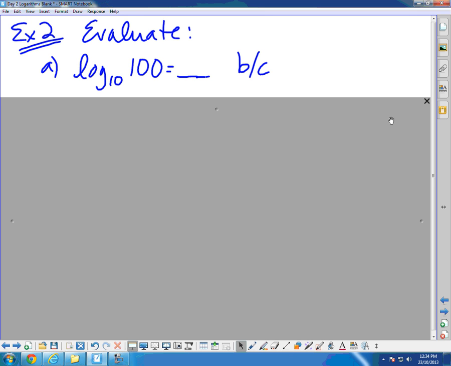So I want you to ask yourself, what exponent do I put on 10 to get 100? And hopefully we all know that the exponent you put on 10 to get 100 is 2. And over here, this is just my own thought process. You're not going to need to write this down every single time. But the reason is because 10 to the power of 2 is 100.